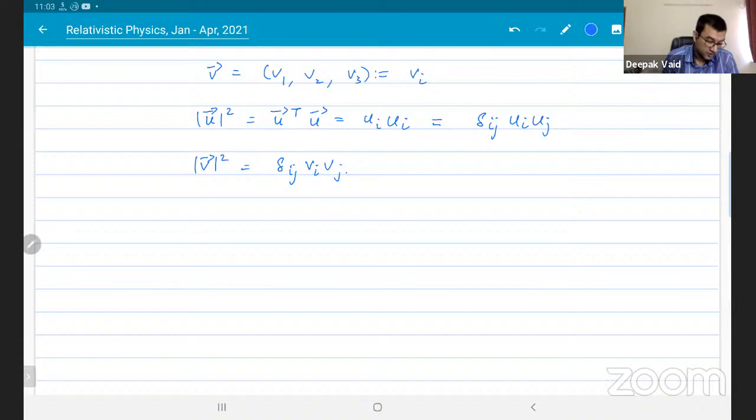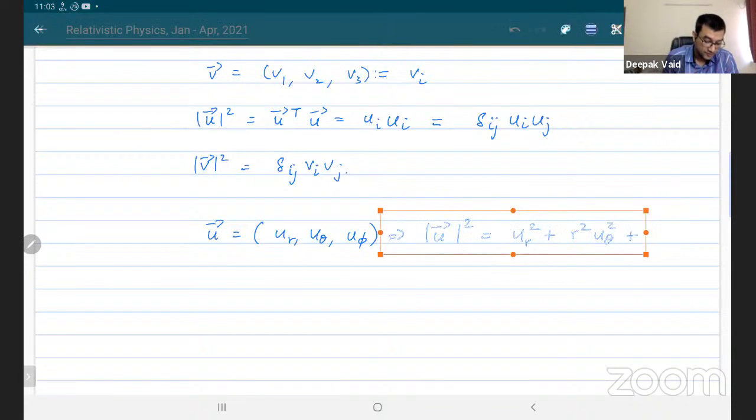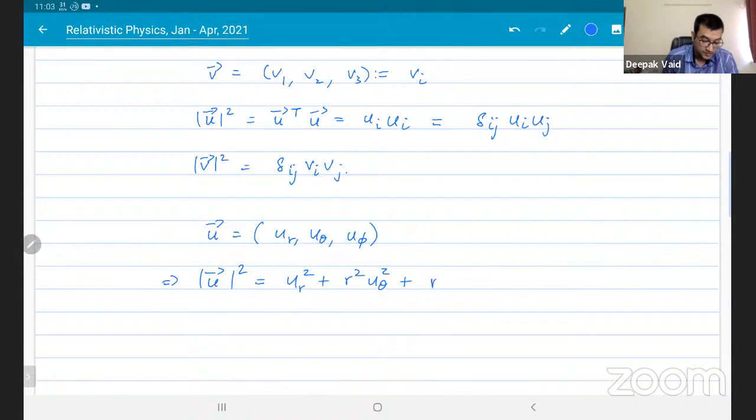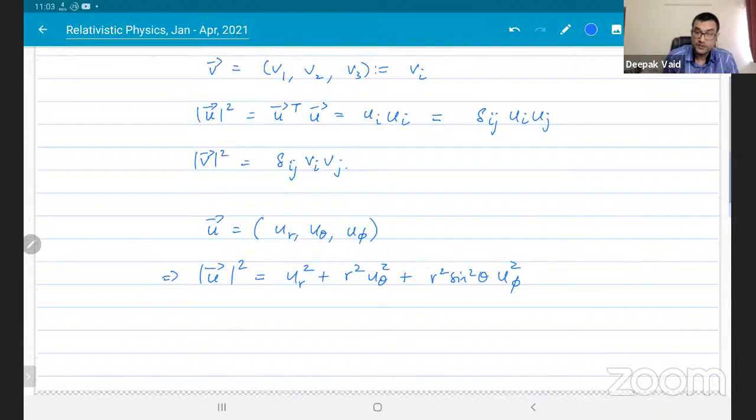No, because if I have spherical coordinates, let's say u_r, u_theta and u_phi are my components, and then I ask what is u squared? So u squared is equal to u_r squared plus r squared u_theta squared plus r squared sine squared theta u_phi squared.